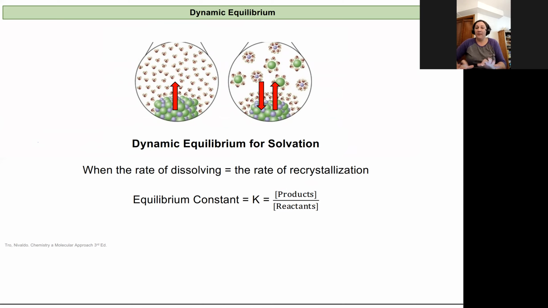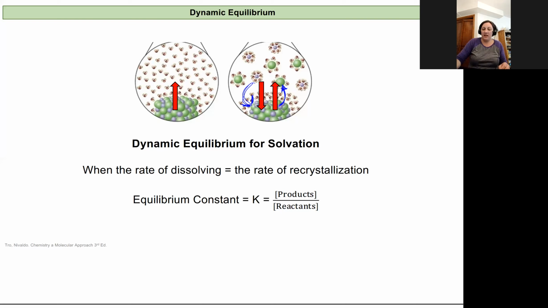Looking at the formation of a solution, when we're at dynamic equilibrium for solvation, we will have the rate of solution, which is this one right here, the solid particles becoming surrounded by water molecules and dissolving into the liquid. That rate of solution will be equal to the rate of recrystallization, where those ions dissolved in the solution come back to the solid and form as part of the solid again.